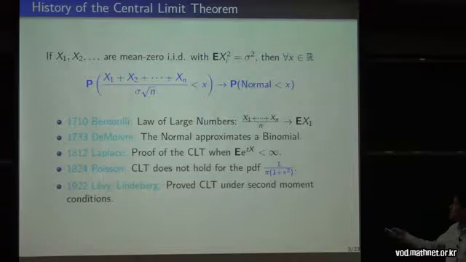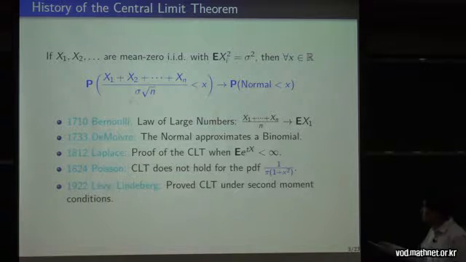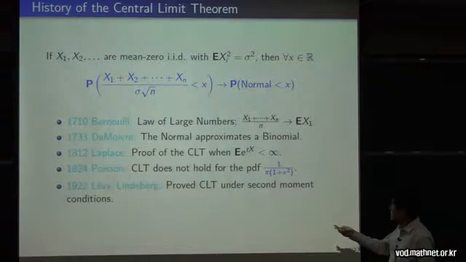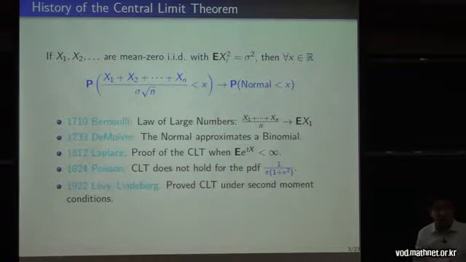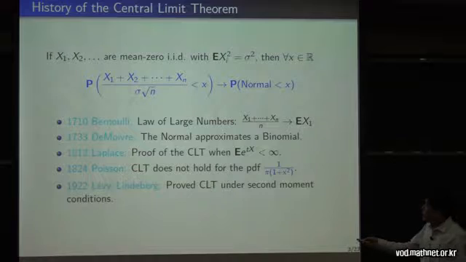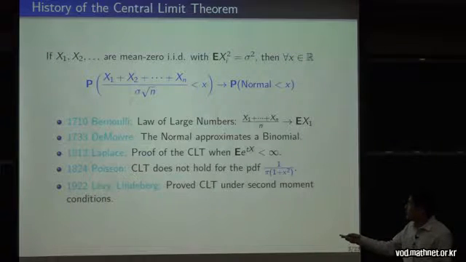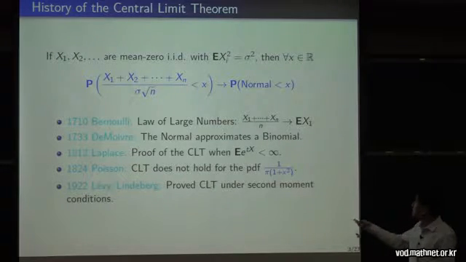Here, this is sometimes called the moment generating function, or you can also think of this as the Laplace transform, and of course this was proved by Laplace. I guess it would be the Laplace transform if you put a minus sign there, but it's essentially the same object. And he proved that when this exists, then you get convergence. So this is a universal result. It says that no matter what you start with, when you add them up and normalize, you converge to the normal. And Poisson objected. He said, well, the central limit theorem doesn't hold for this PDF.